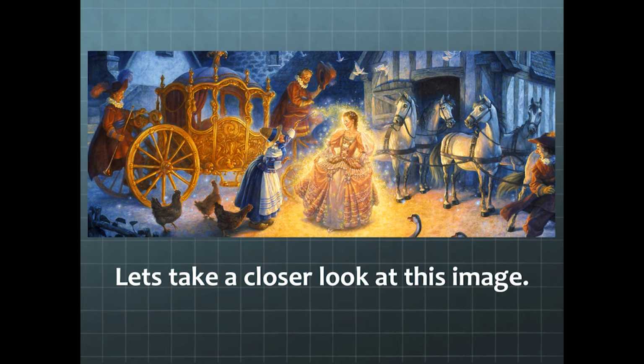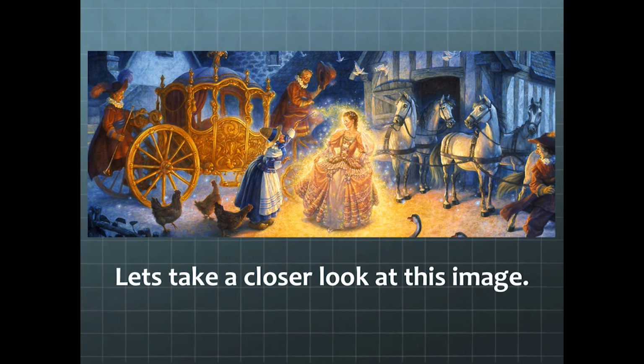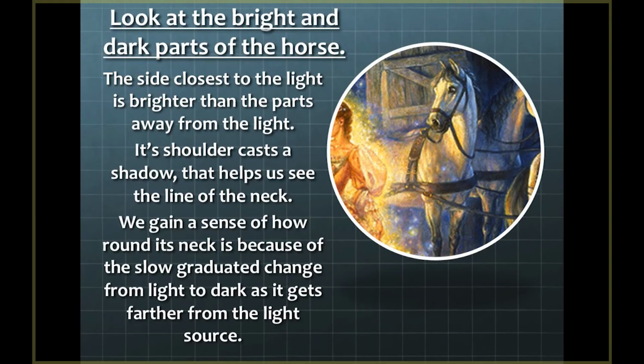Go back a second. In particular, we are looking at this part of the horse right here. We're going to zoom in. What shows us the shape of this horse? I'm going to read what I have written. Look at the bright and dark parts of the horse. The side that is closest to the light is brighter than the parts that are away from the light.